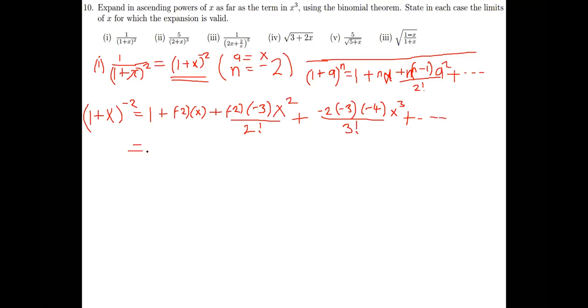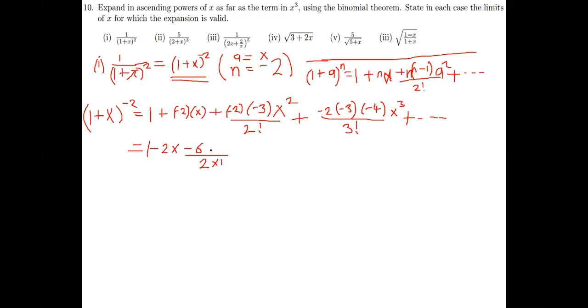So this is 1. When you multiply negative 2 times x, you get negative 2x as your answer. Then when you multiply negative 2 times negative 3, you get negative 6. And then 2 factorial is just 2 times 1, which is 2.